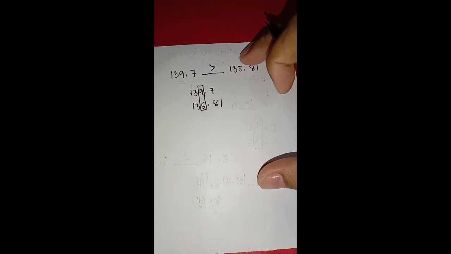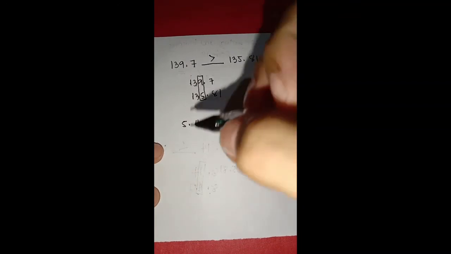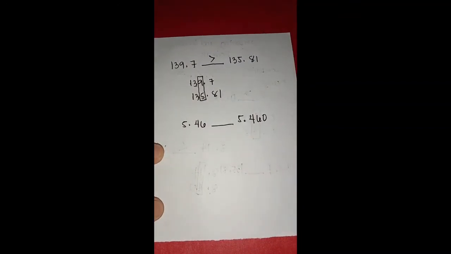So how about if meron naman tayong 5 and 46 hundredths, tapos i-compare natin siya by 5 and 460 thousandths. So, rewrite natin as they have the same place value.